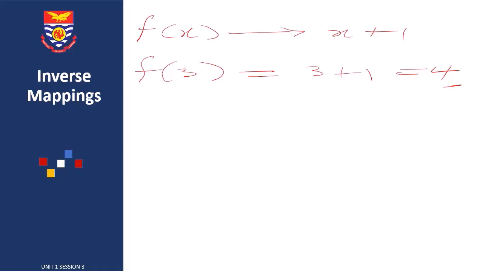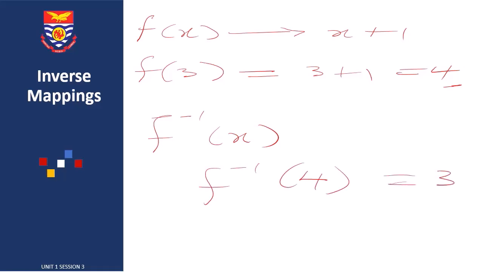In that instance, you call it the inverse of the function, that is f exponent minus 1, and that is f inverse of x. So you can say that f inverse of 4 is actually 3. That's the inverse of a function.